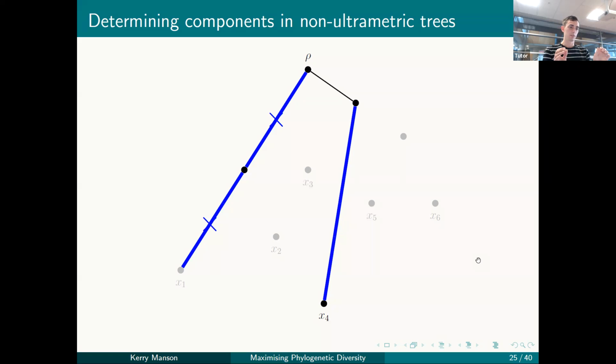And because we're working in from the leaves in towards the middle, that surrogate vertex that we've put in the middle will act just like the root vertex does in this non-ultrametric rooted case.